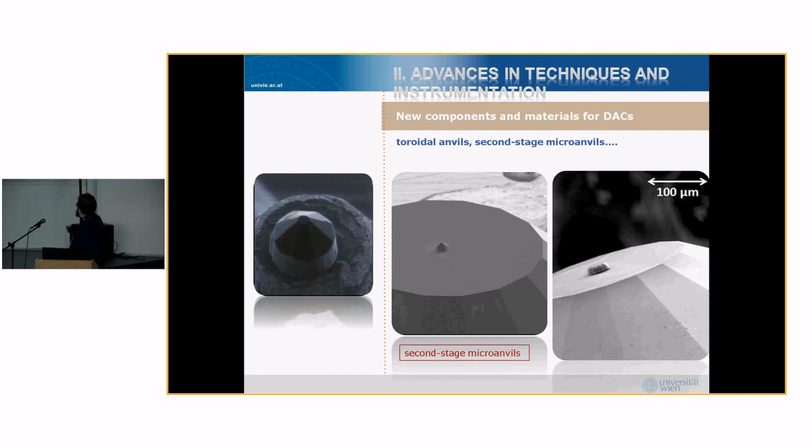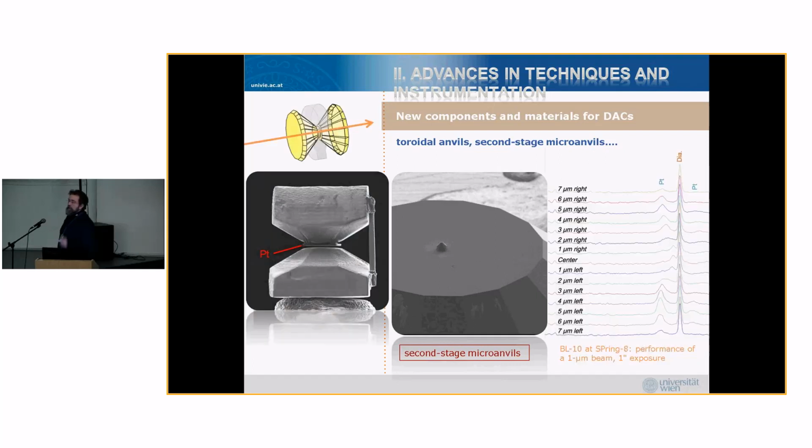I found some other people that use some extra micro anvils. They put extras here, but this one is really grown from the same material, so it's a direct contact. This is really used by FIB just to make these micro anvils, which are acting as second stage anvils and give you much higher pressures.